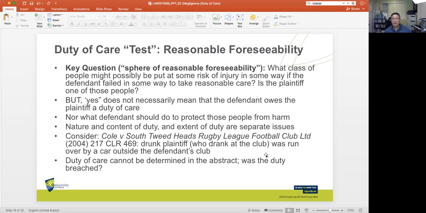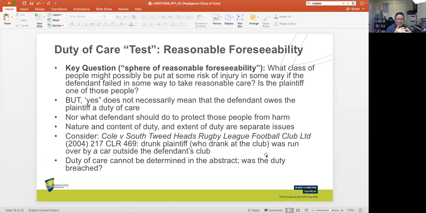It doesn't follow, because what we often will see in the cases is that the duty of care is always tied to the question of breach. You can't examine the issue of duty of care in the abstract. You have to examine the particular breach scenario. So oftentimes you look at the breach in order to determine whether or not there is a duty of care in the first place.